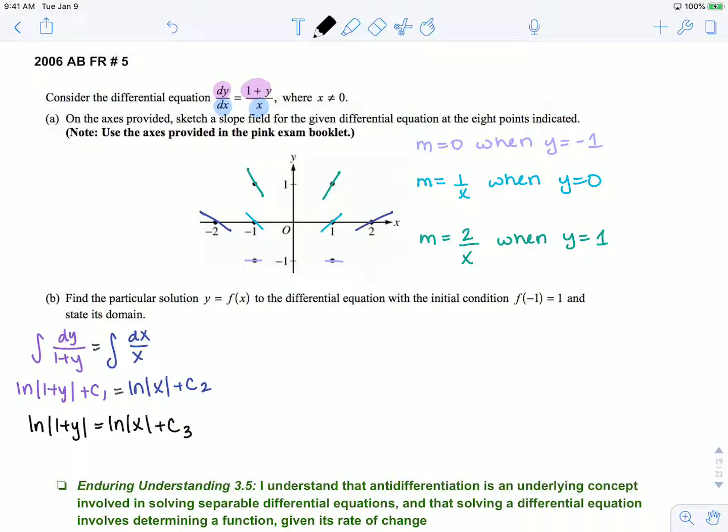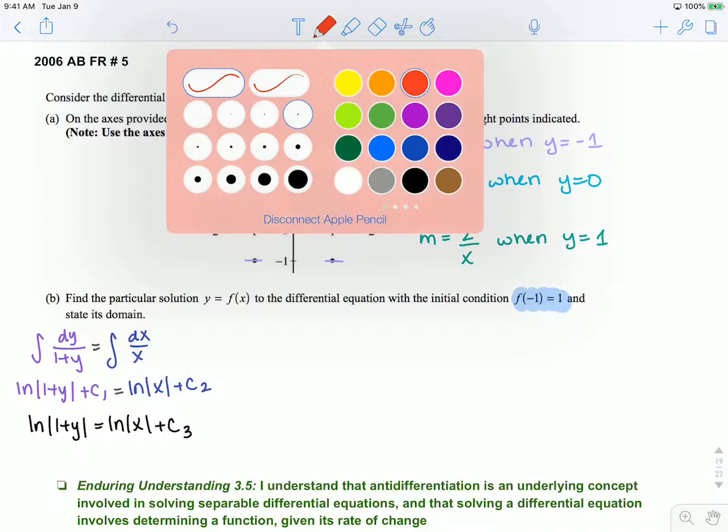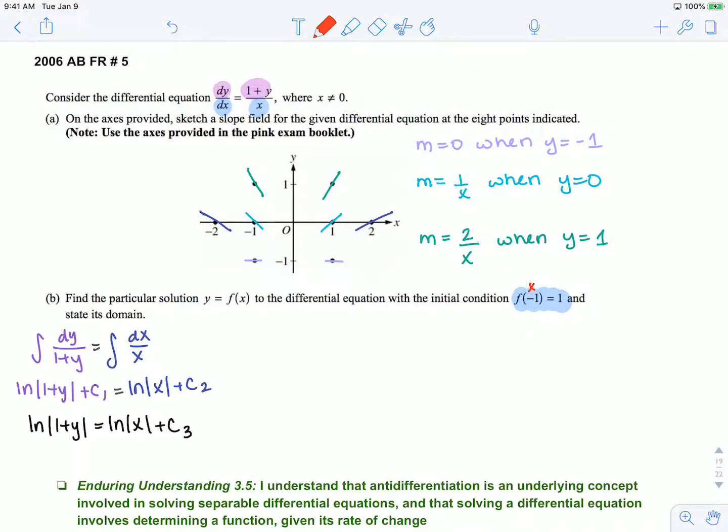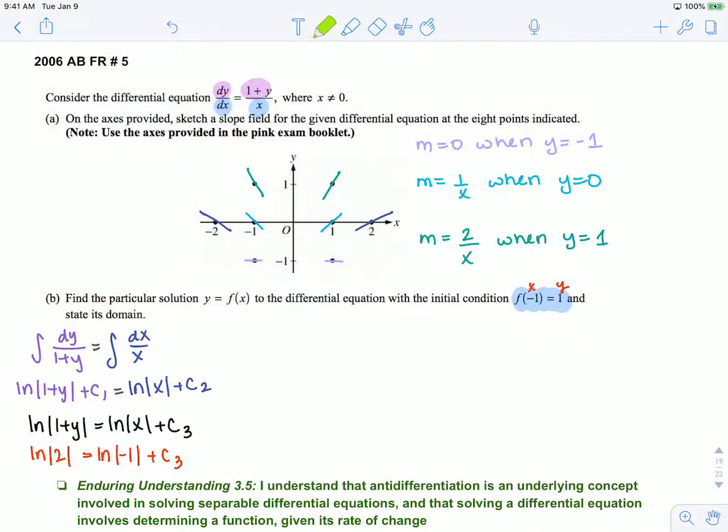Now we need to use this initial condition in order to solve for c3. When x is -1, y is 1. So we have ln absolute value of 2 is ln absolute value of -1 plus c3. ln of 1 is 0, so ln 2 is c3.